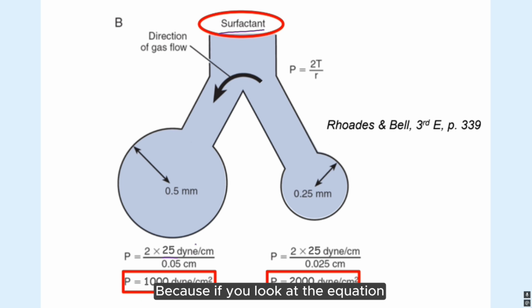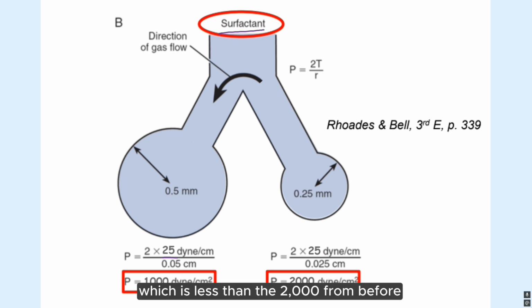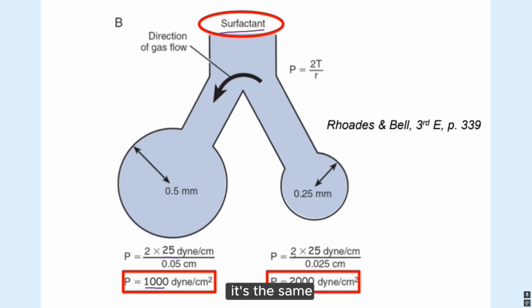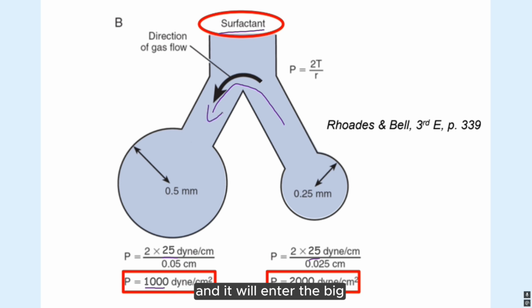Not quite, because if you look at the equation, 2 times 25 over 0.05 gives us 1000 pressure, which is less than the 2000 from before. But if we look at the smaller alveolus, it's the same, 25 and 25. So 2 times 25 over 0.025 gives us 2000 pressure. Yes, it's less than before, but it's still higher than the 1000. So air would still leave the small one and enter the big one. So we're not solving the problem here.